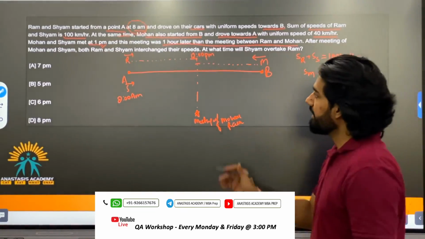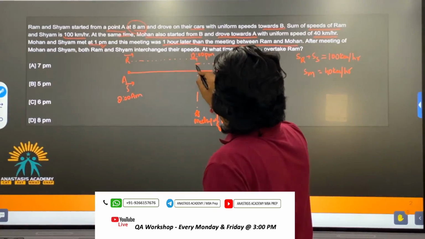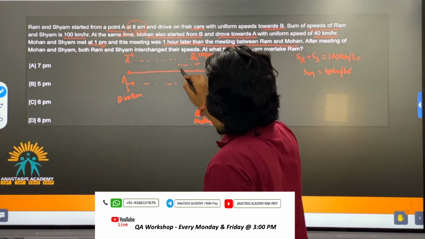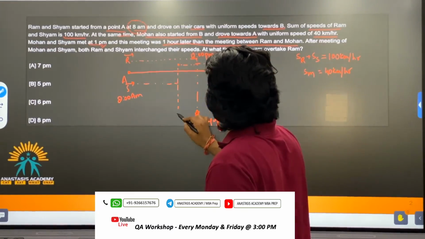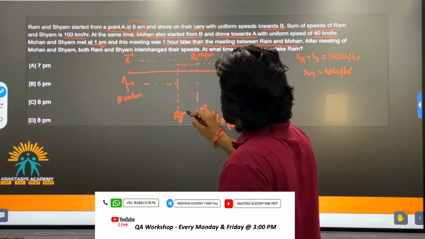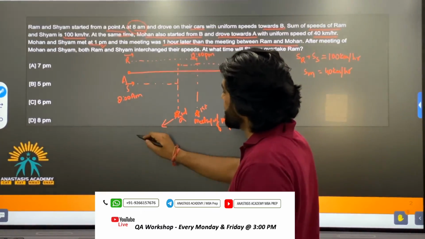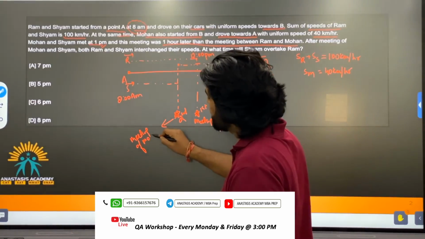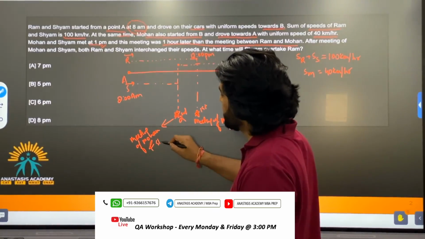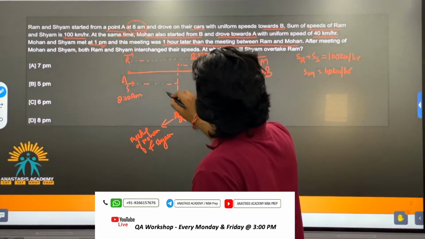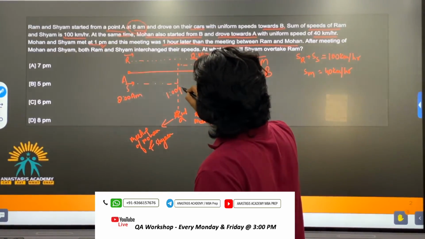Now 1 hour later, Mohan walks till this point and he meets Shyam at this point. This is the second meeting, and this was the first meeting. This is the meeting of Mohan and Shyam, and it happens at 1 pm.